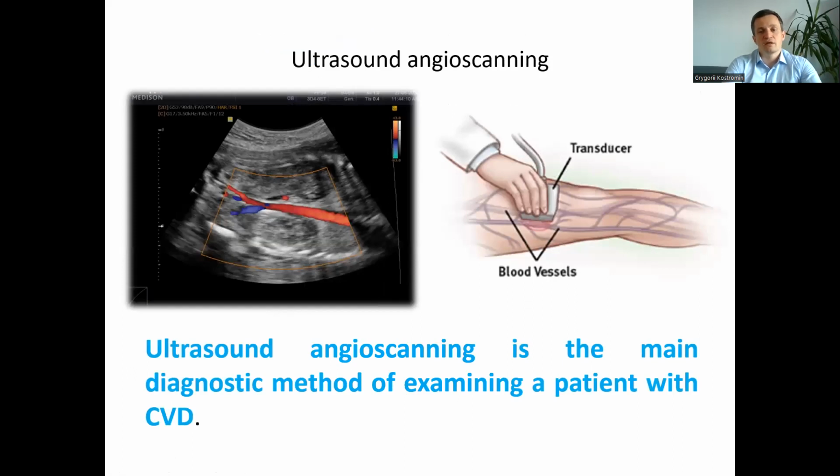Ultrasound angioscanning is the main diagnostic method for examining patients with chronic venous disease. Ultrasound angioscanning helps to verify reflux of the venous valve and venous thrombosis. Reflux longer than 0.5 seconds is considered to be pathological.